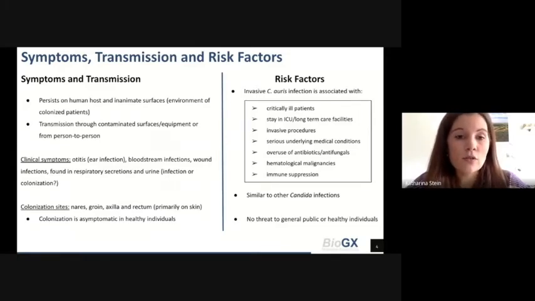So these risk factors are quite similar to other Candida infections, but the mortality rate of invasive Candida auris infections is just much higher than other Candida infections. And as I said before, there's no threat to the general public or to healthy individuals, as Candida auris can be found as a commensal on human skin, for example.